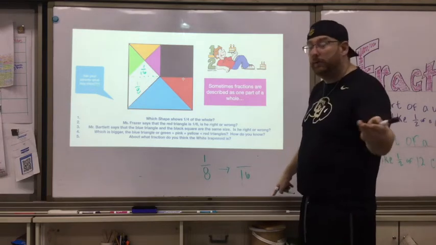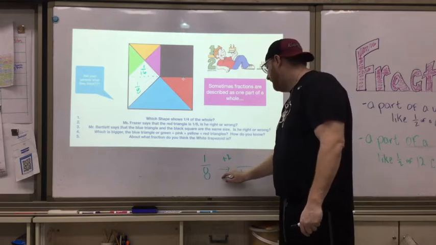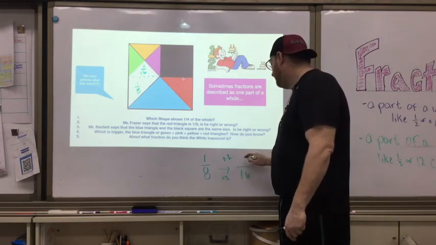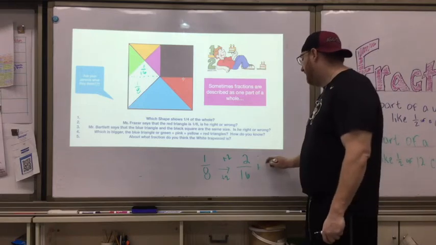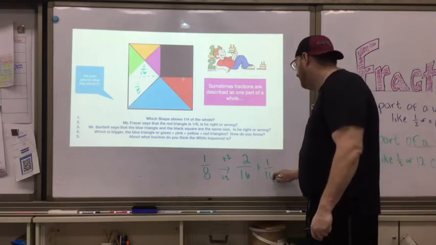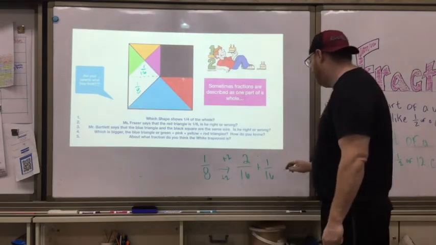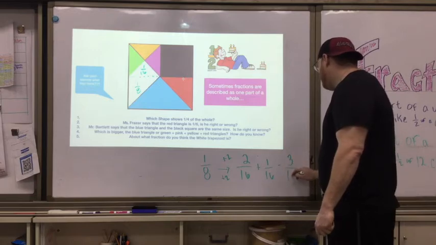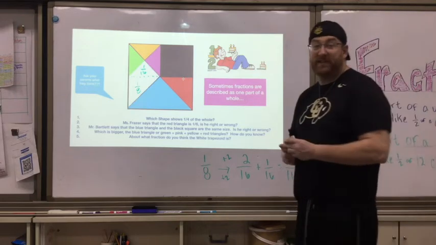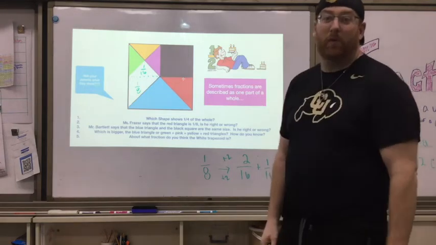Just double it, multiply it by 2. So we do the same thing on the top. Times 2, 2/16. So now I can add my 1/16 from here and my 2/16 from here, and I'll get the size of the white trapezoid. 3/16.